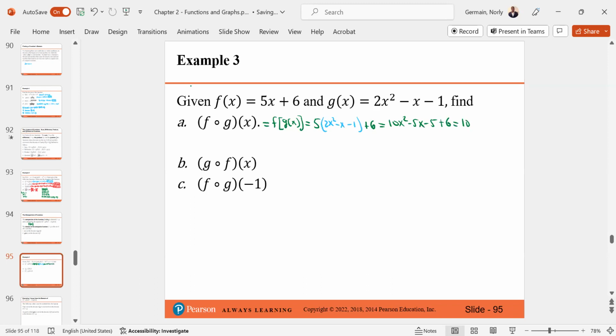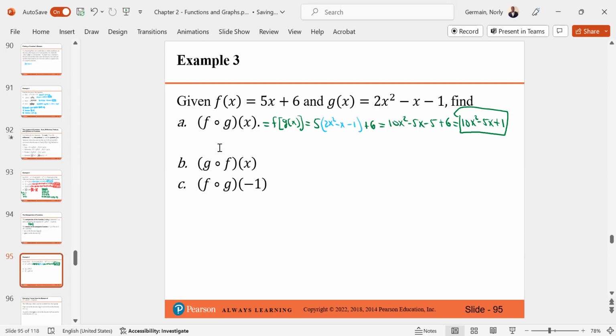So 10x squared minus 5x plus 1. That will be the answer. Everywhere I see x, I replace it by g of x.